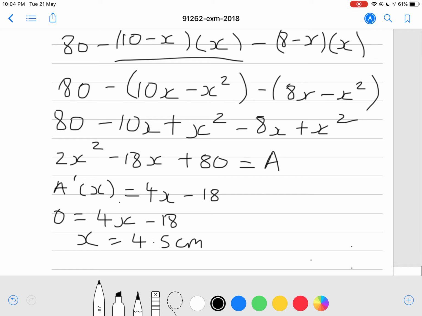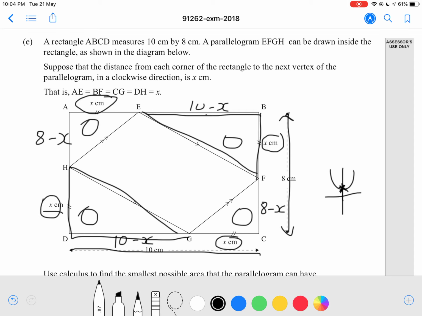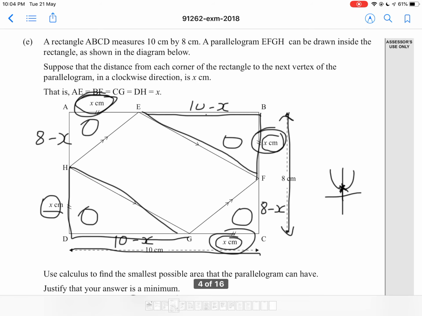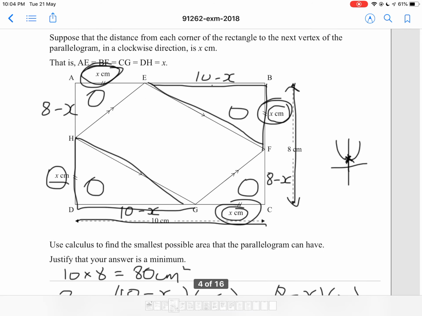So when x equals 4.5 centimeters, that's this here, and this here, and this here, then the area of the parallelogram will be the smallest. So the smallest area can be achieved when x equals 4.5 centimeters.